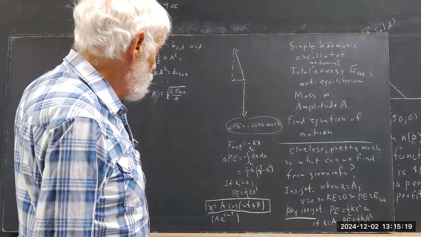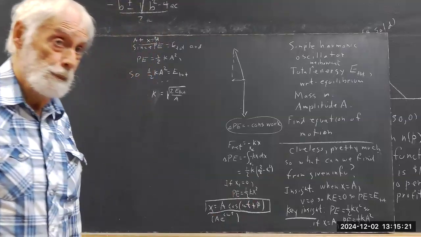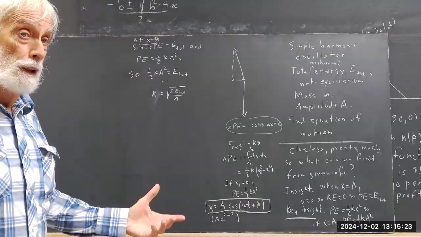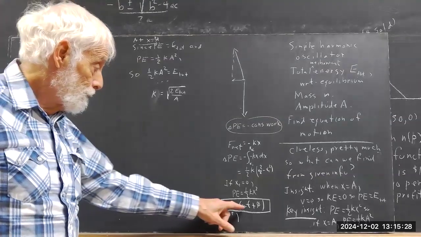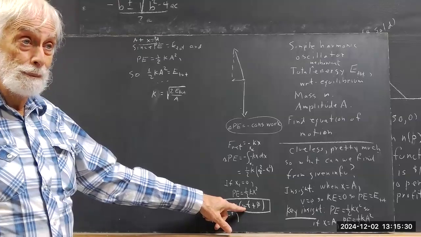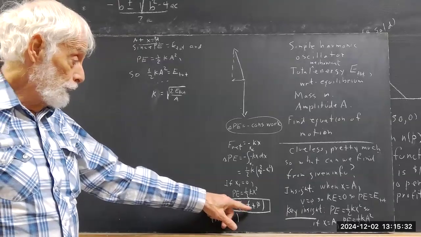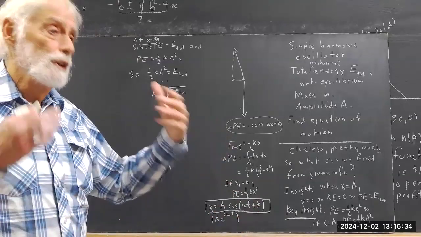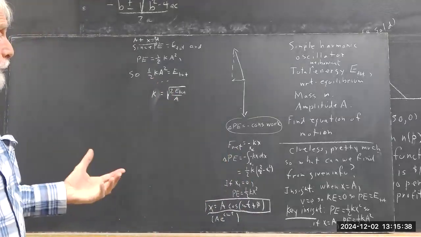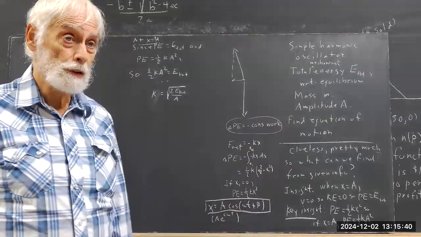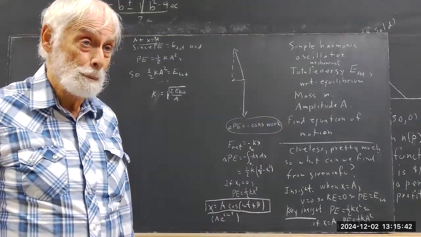All right. Is that going to help us find the equation of motion? What do we need for the equation of motion that we don't have? One thing we need is omega, because I haven't been specific about the initial condition. Okay, I just said find equation of motion. So any equation of motion will do at this point.